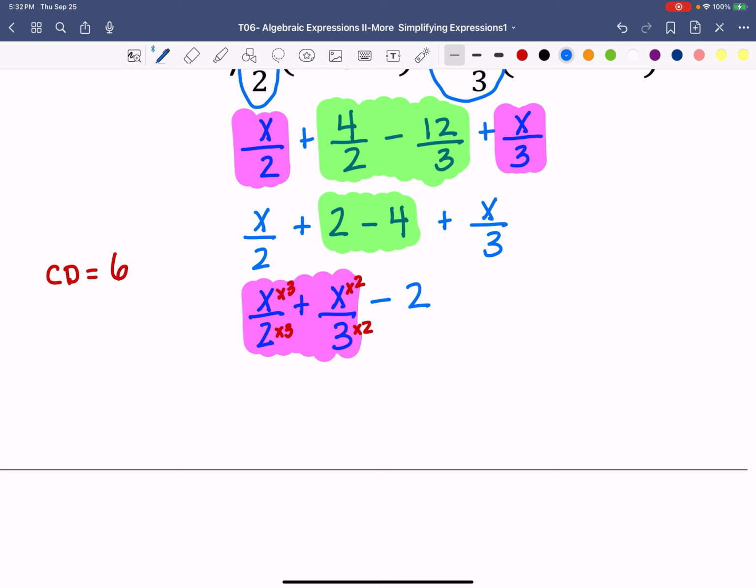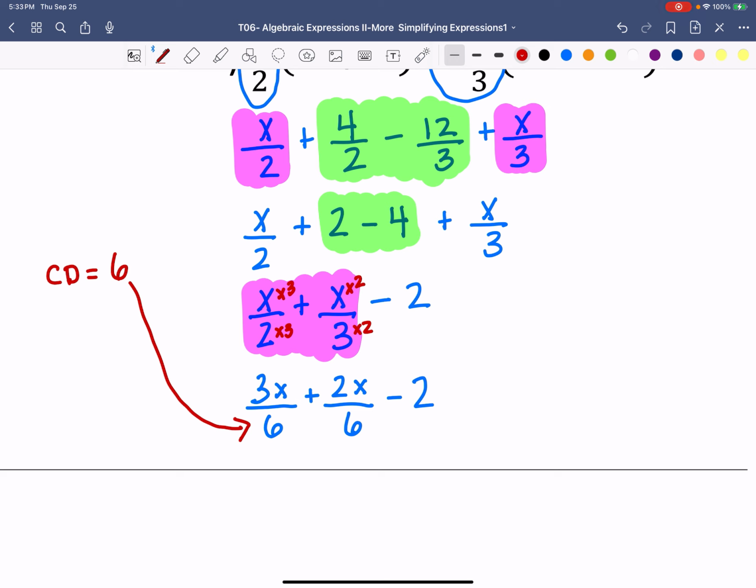Well, 3 times x is just 3x. 3 times 2 is 6. X times 2 is 2x. 3 times 2 is 6. So now we have that common denominator of 6, which we need in order to add or subtract fractions.